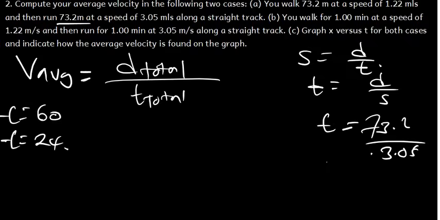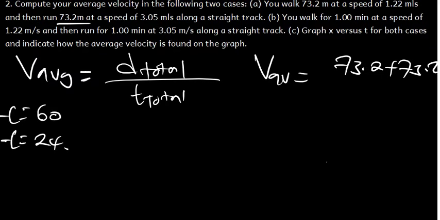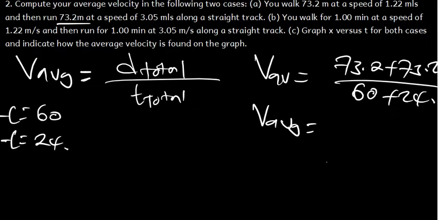Now, since we are saying that to find the average in this case, we are going to add. We're going to say the average velocity is going to be equal to 73.2 plus 73.2, divided by 60 plus 24.